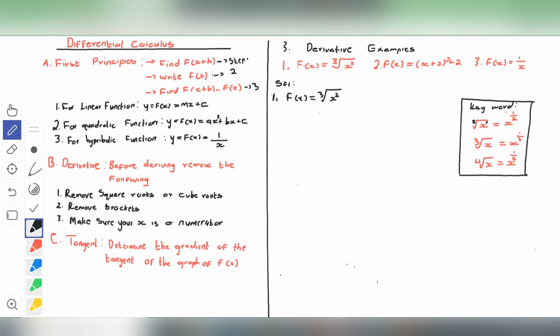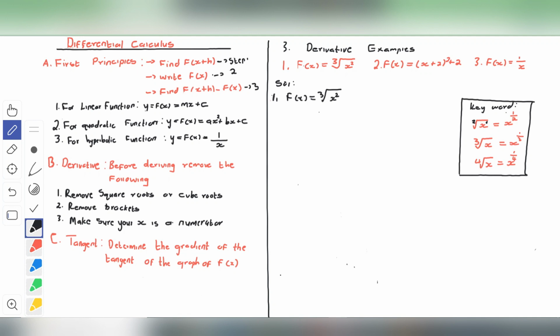So whenever we remove the square root and want to write it in exponential form, we take the exponent of the term under the root and divide it by the number of the root. We can see that this is the square root, so it's 2, and the exponent here is 1. That's why we wrote x to the power of 1 over 2, right?